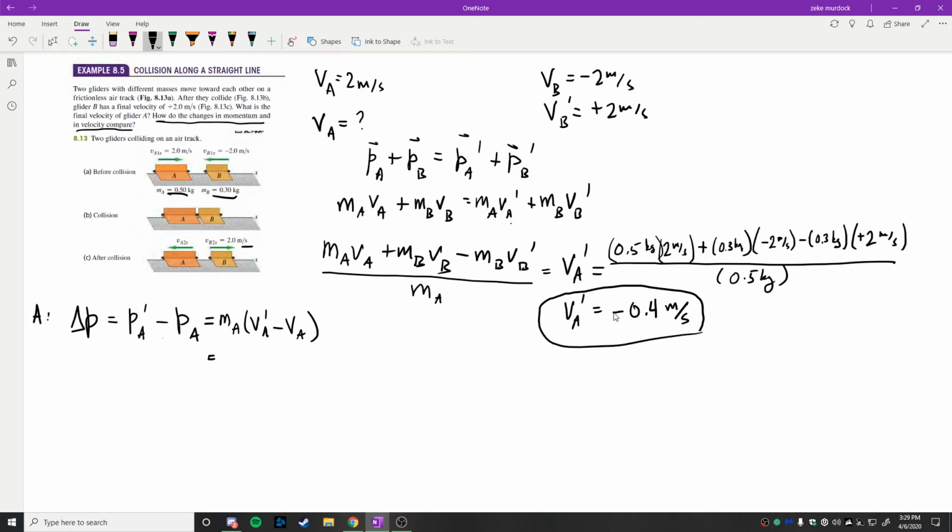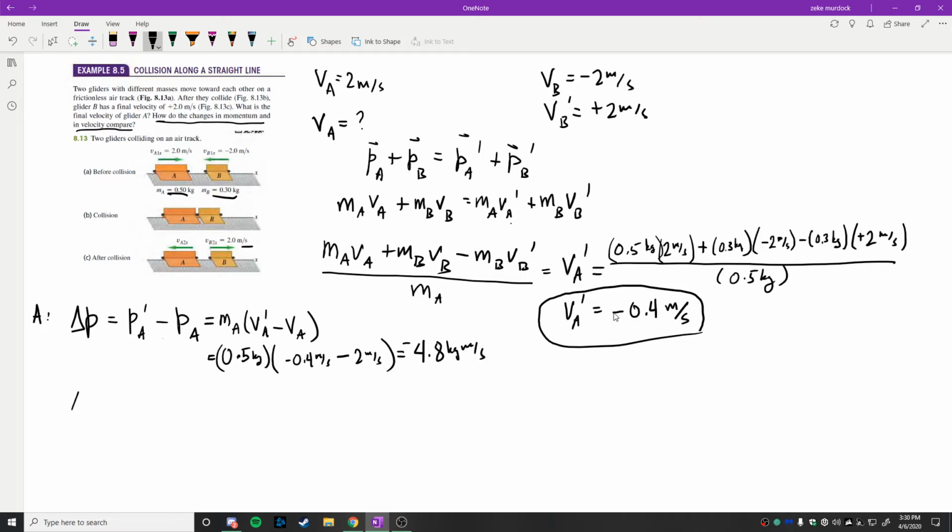So this is going to be 0.5 multiplied by VA prime, negative 0.4, minus VA, which is 2. So negative 2.4. Why don't you guys check that and make sure that's right? 0.5 times negative 2.4 should be negative 1.2.